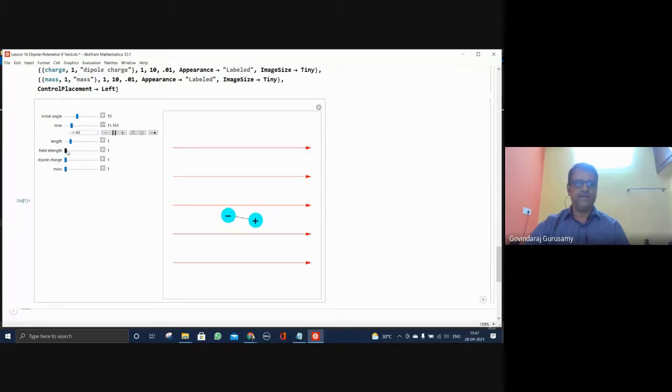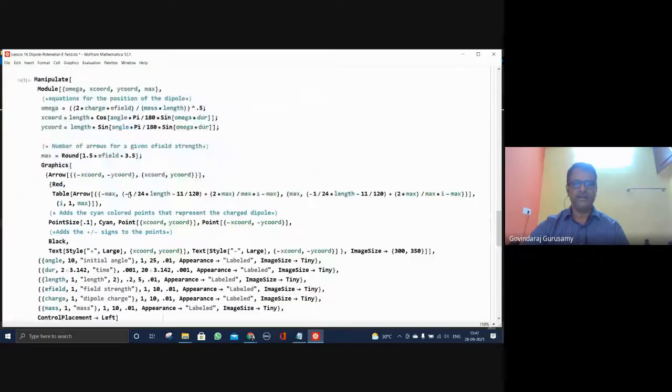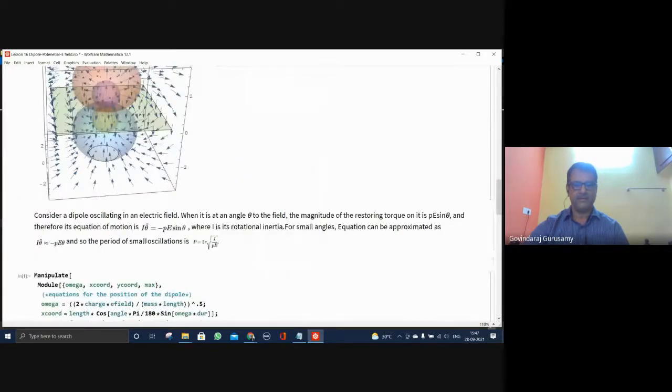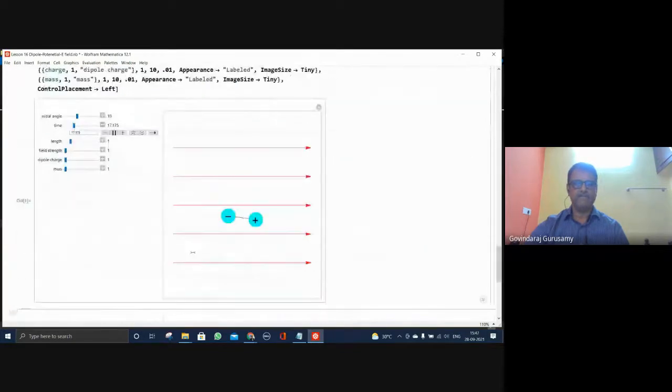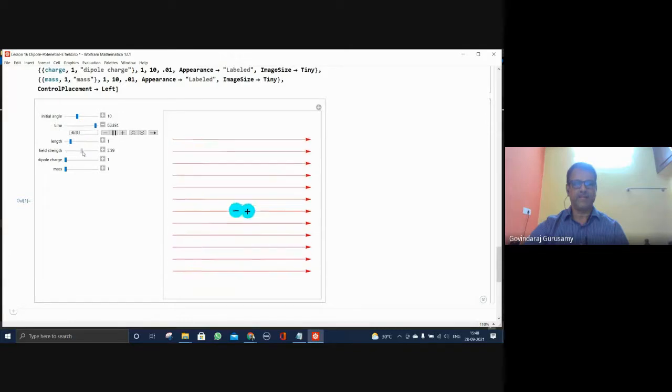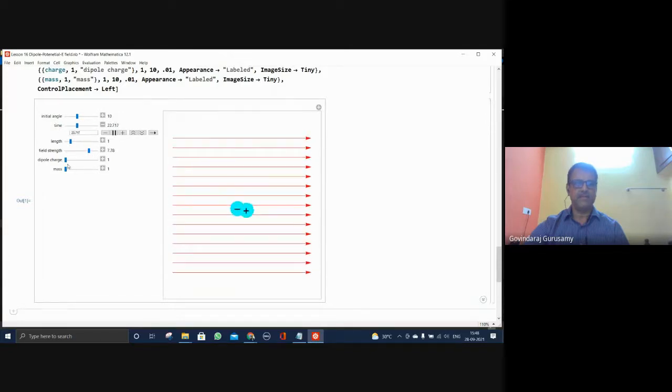I can change the field strength now. And when I change the field strength, what is going to happen? For small oscillations, the period of oscillations is inversely related, so it should go at a much faster rate. Getting closer and closer. And if I change the length of the dipole, which means you are changing the moment of inertia, it's going to be much faster now.